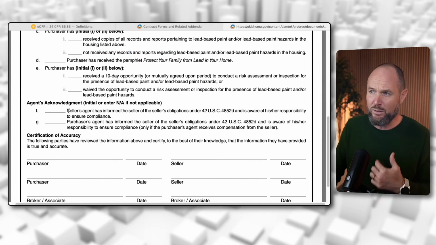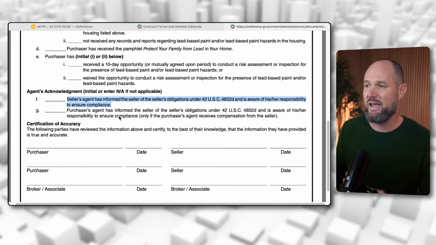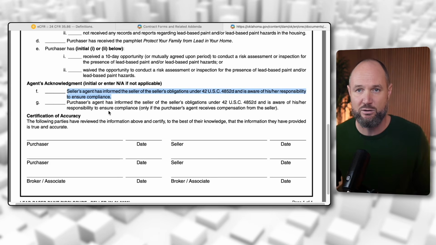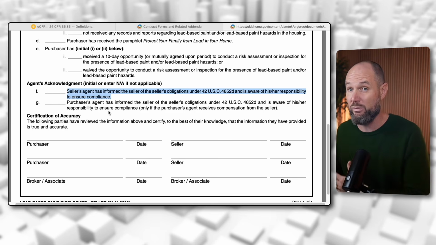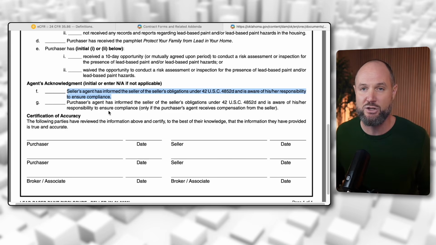We've always had this where the listing agent is going to initial here and say, hey, I have informed the seller of their obligation to disclose lead-based paint. I'm going to ensure compliance because I'm working with the seller. I have a contract with them. They're paying me, so I'm going to make sure I do my job. That's how the lead-based paint regulations work.